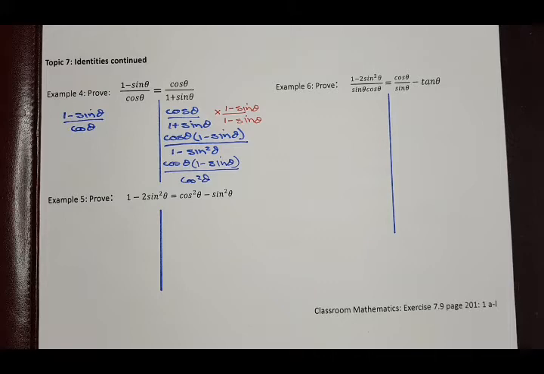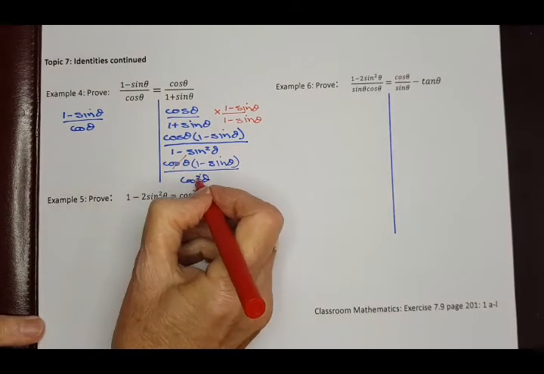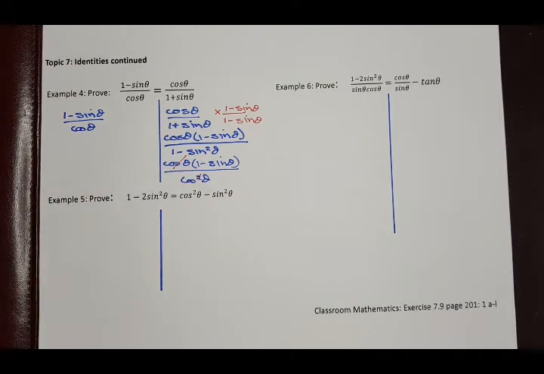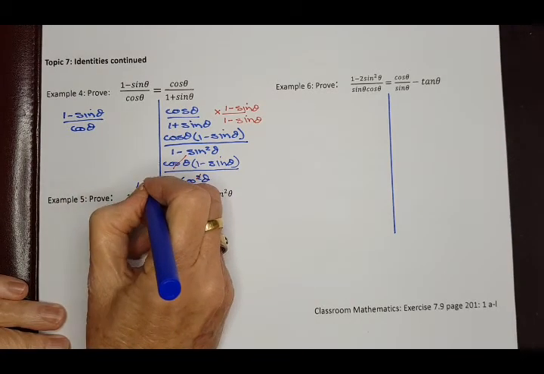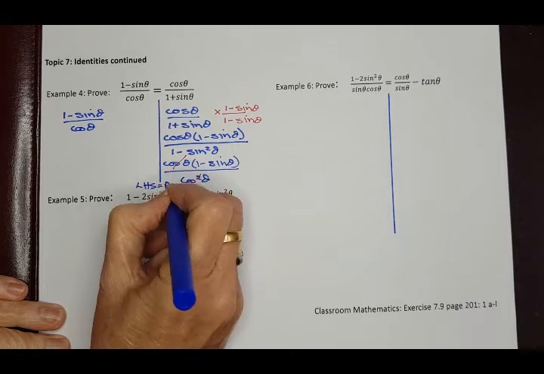And when I cancel, this cos divides into the cos squared in the denominator, and again I land up with my left-hand side equal to my right-hand side.